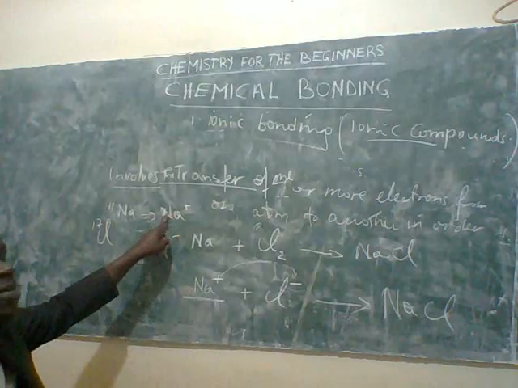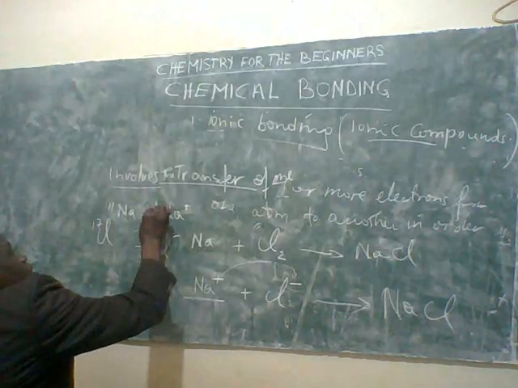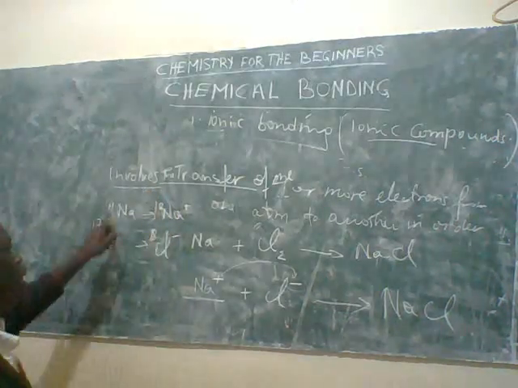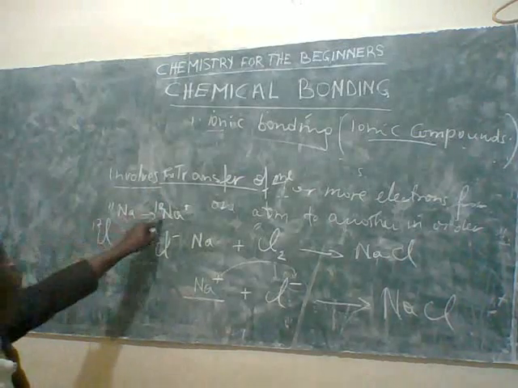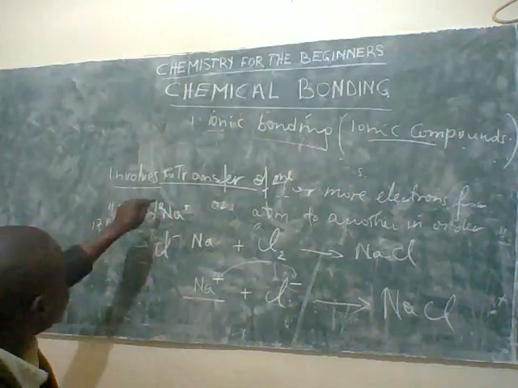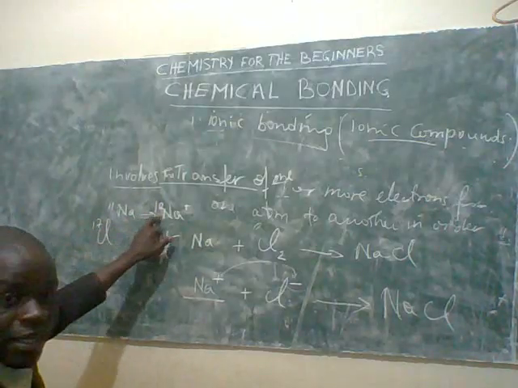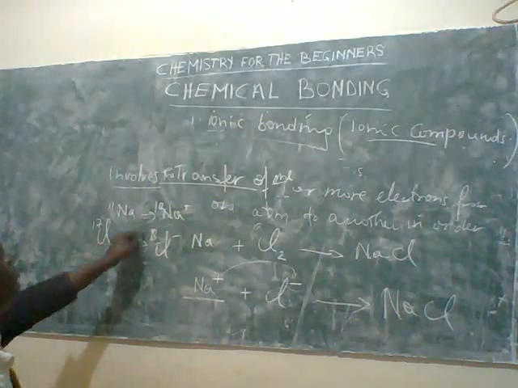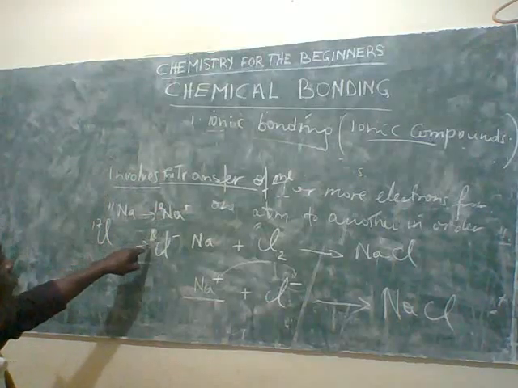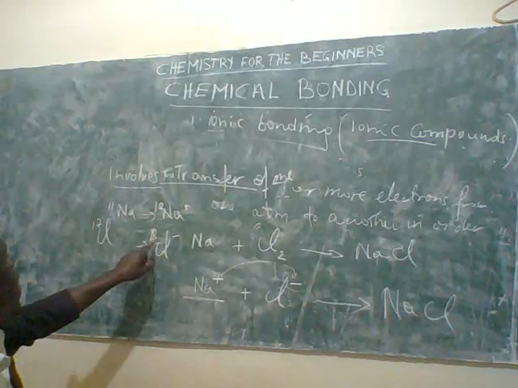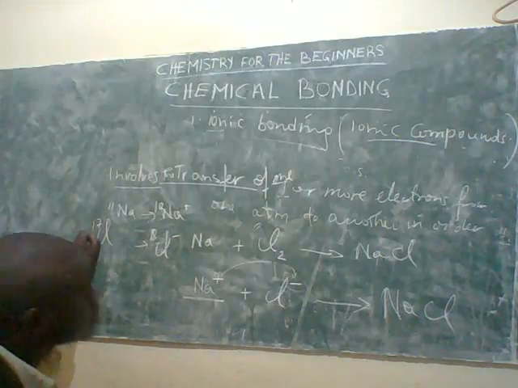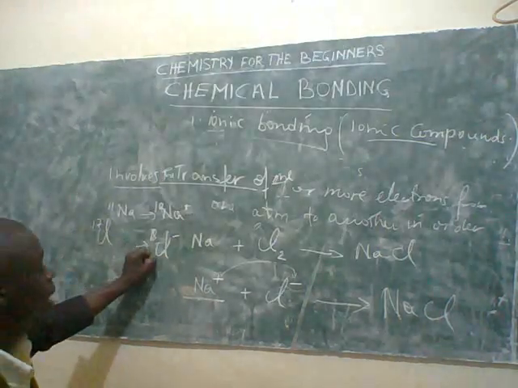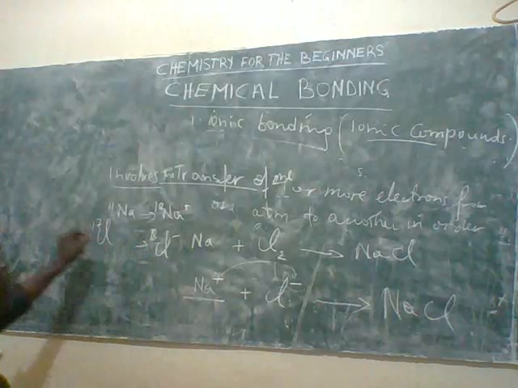It is an example. It came from sodium, but sodium, because it has lost one, was having 11, and now it has remained with 10. That lost electron had been added to the electrons of chlorine, which had 17, and now it has become 18 in electrons.